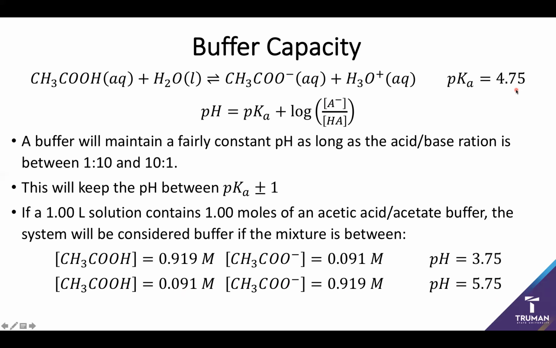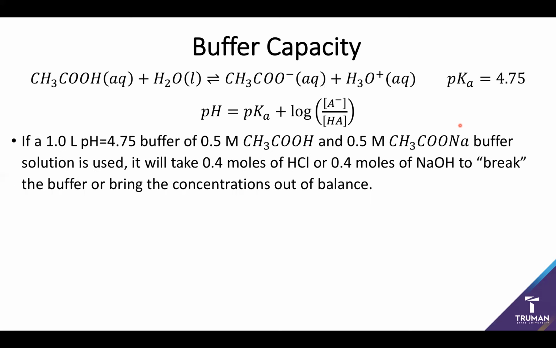So at what condition will I have the most stable buffer? Well, a good place to start would be right in the middle, where you have about even amounts of acetic acid and sodium acetate. If I have a 1 liter buffer of equal concentrations, the pH will be the pKa at 4.75.